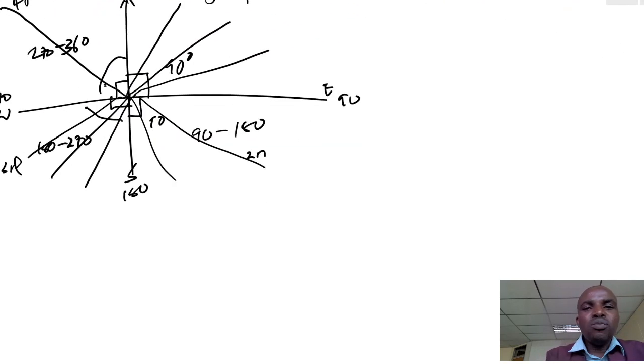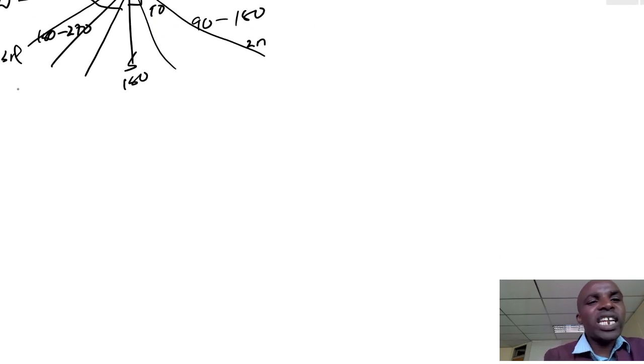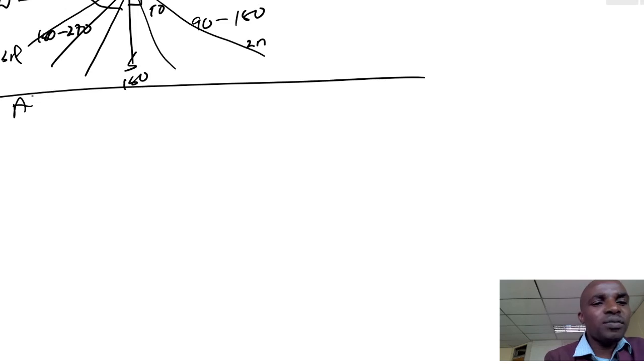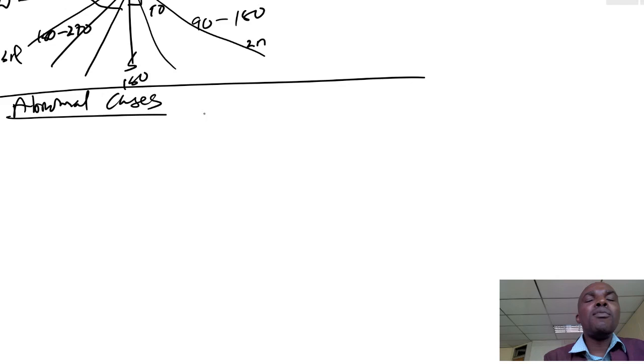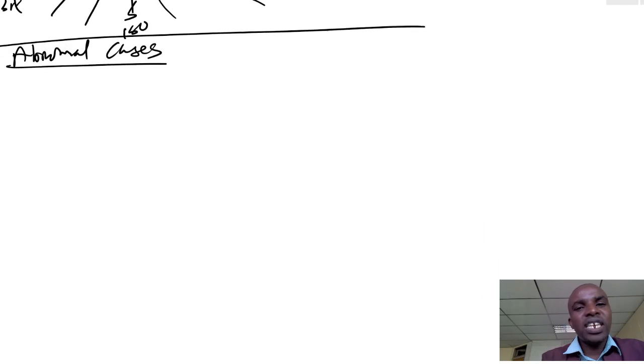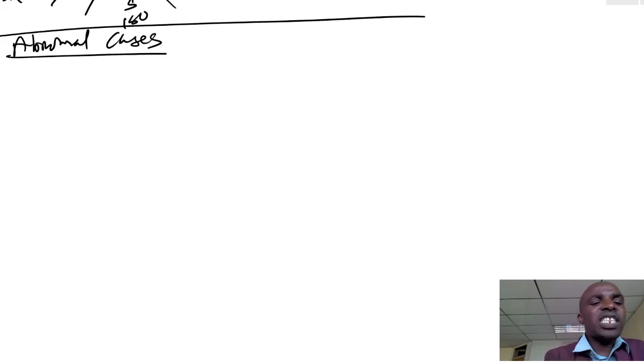Right, then let me move on to what I can call abnormal cases now. These are more like special scenarios where sometimes they are not supposed to be coming from the north of the from point. So the first part, I can say northeast.